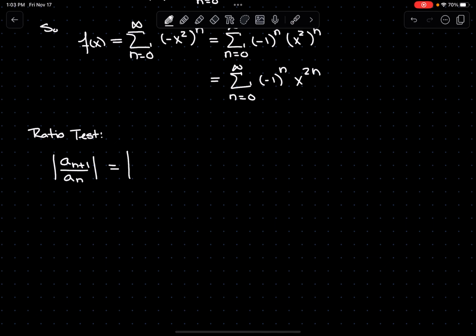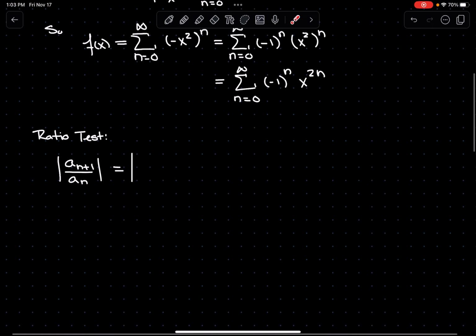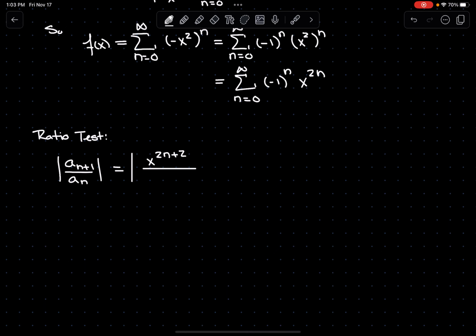For a_{n+1}, we add n plus 1 wherever we see an n. Notice this is 2 times n, so when we replace n with n plus 1, we get x to the 2 times n plus 1, so x to the 2n plus 2, over x to the 2n.